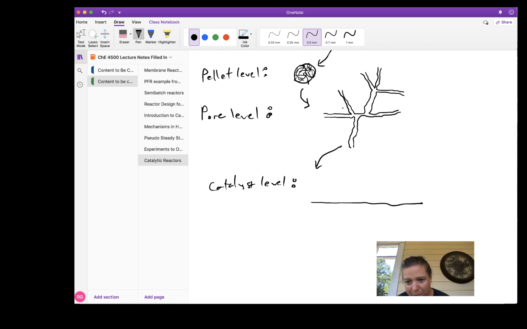This is the bottom of the pore. The top of the pore may be even like way up here. Who knows? So this is our pore surface. And we said that we would probably have a supported material. So this is a catalyst support. And then we have our catalyst particle.